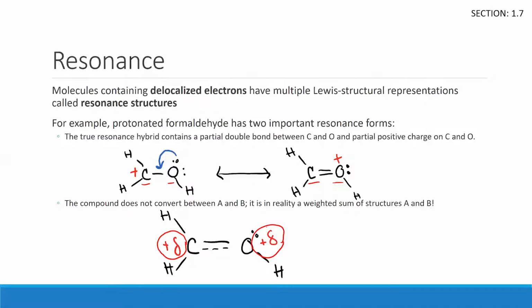You never have a full-blown positive on carbon or on oxygen. This is a true resonance structure in which you're sharing the electrons equally between these two forms. But when we want to show the forms, we have to draw them as shown above, A and B, again using our curved arrows to imply how the electrons are moving to get between A and B.